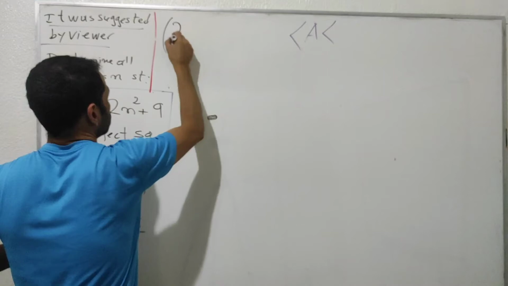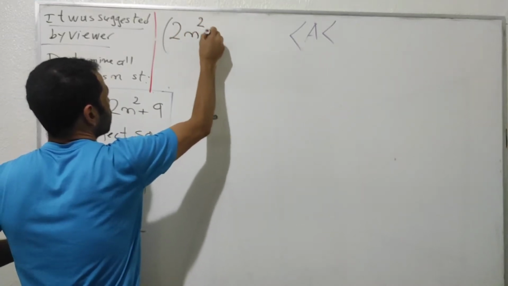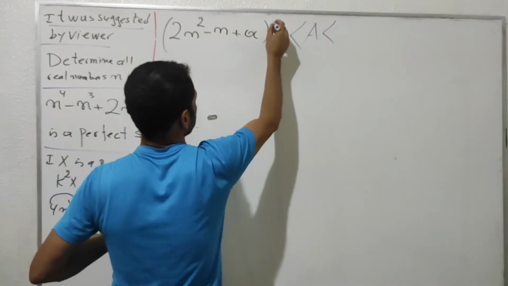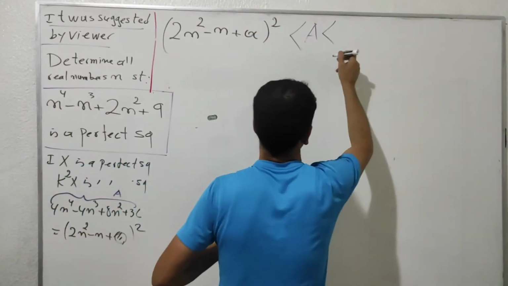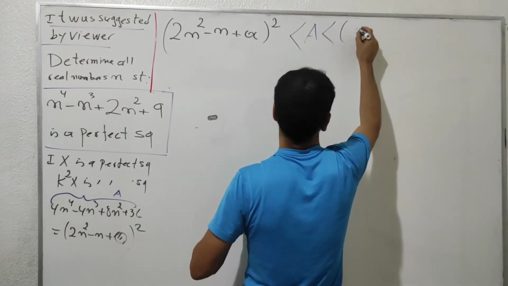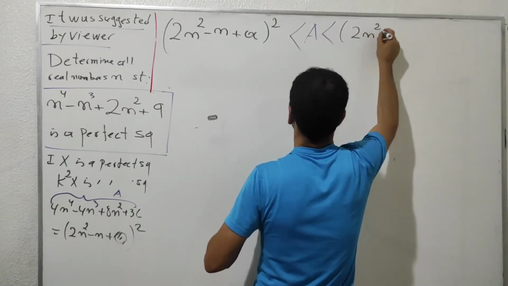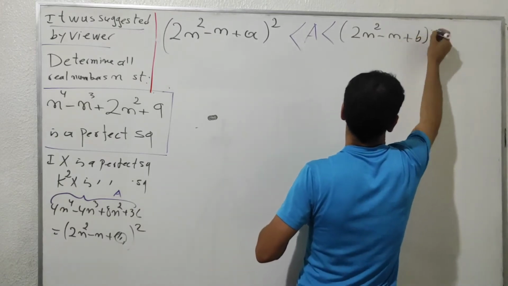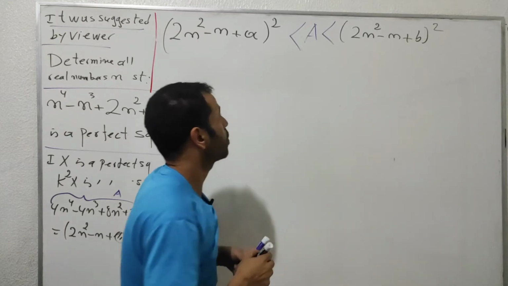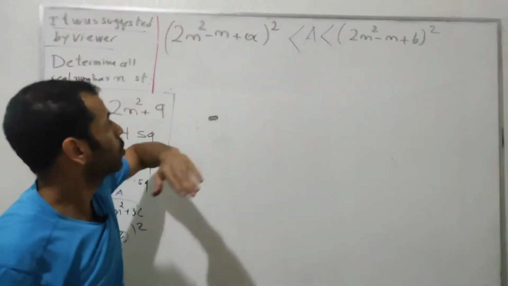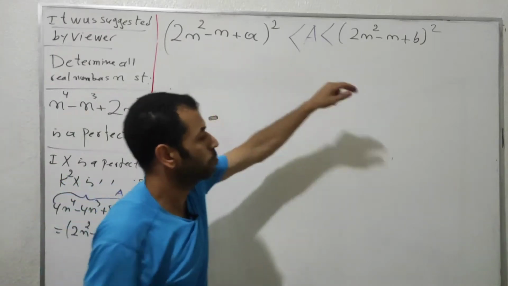It will be 2n squared minus n plus a, quantity squared, strictly less than A, strictly less than another term, 2n squared minus n plus b, quantity squared. So we have a perfect square between two perfect squares. Now we are going to determine these values a and b.